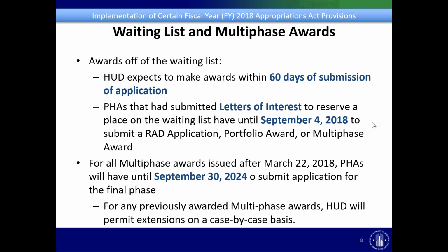If we don't receive your materials by September 4th, 2018, we'll let go of the reservation. But because we have a decent amount of cap space now, anybody who does miss the deadline should, we expect, be able to come back in within a reasonable time and still get an award.